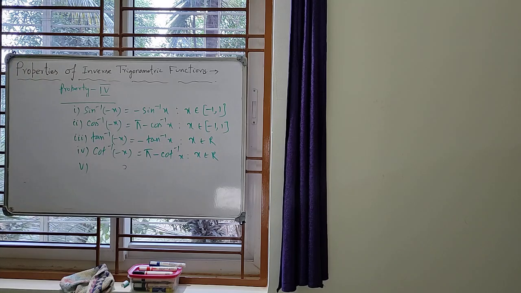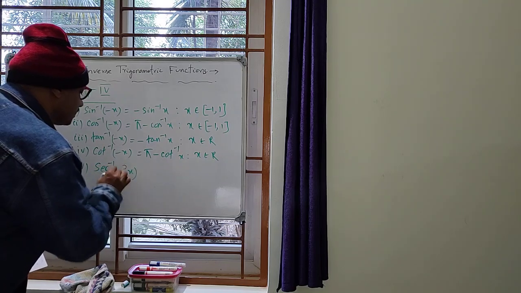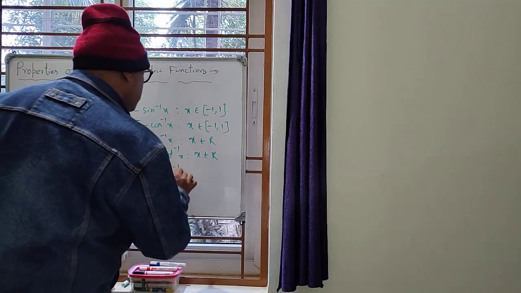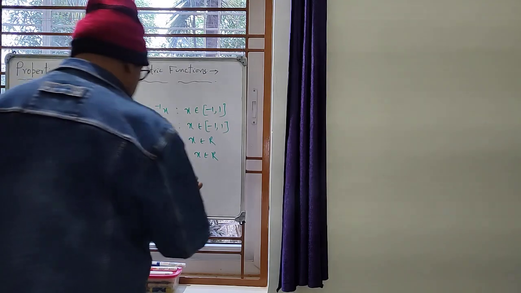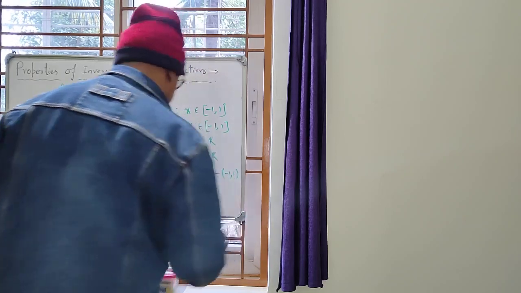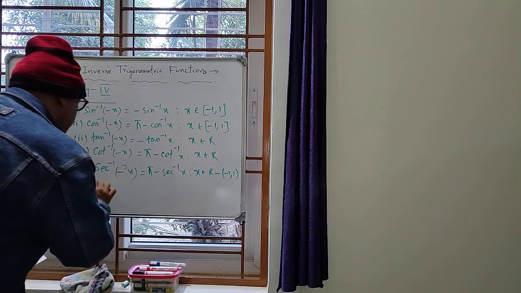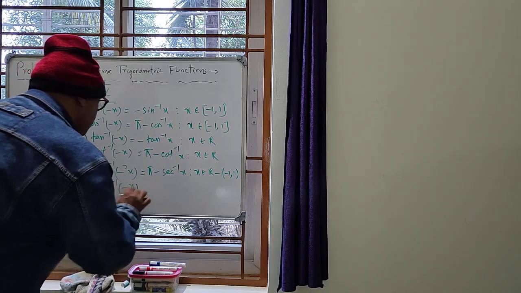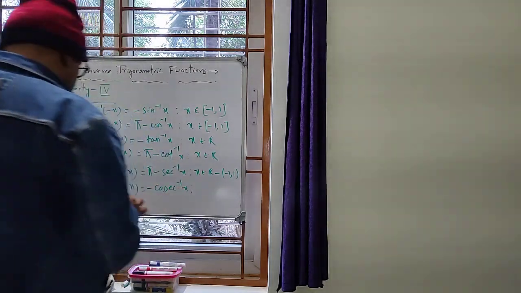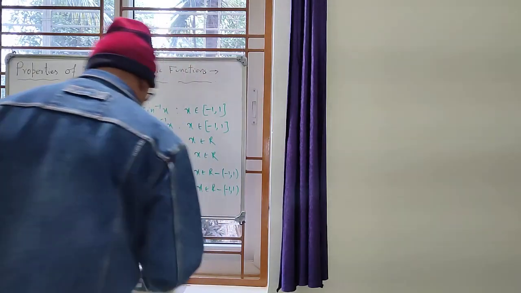Fifth one, sec inverse of minus x equals pi minus sec inverse x, where x belongs to R minus the open interval (-1, 1). Sixth one, cosec inverse of minus x equals minus cosec inverse x, where x belongs to R minus the open interval (-1, 1).